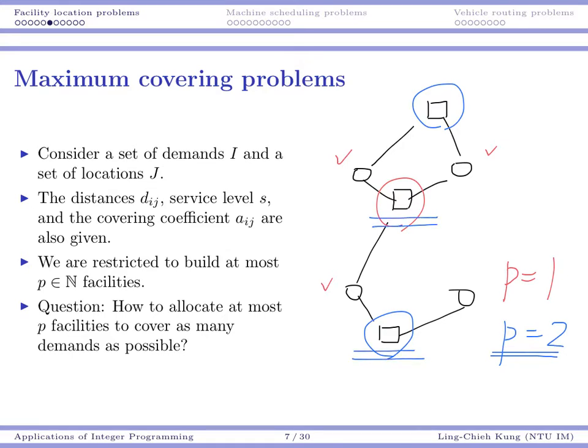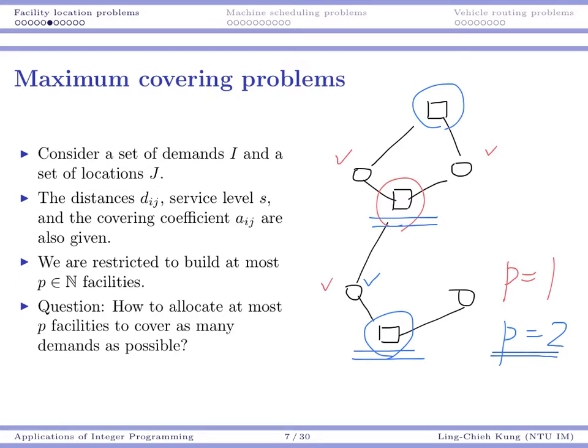This is also the case where I cover everything, even though for this particular demand I cover it twice, but it doesn't matter. All we care is whether a demand is covered by at least one facility. So the two ways, to choose this two or that two, do not matter.